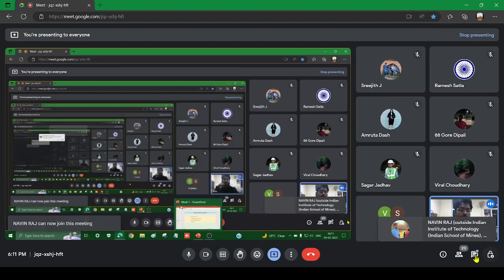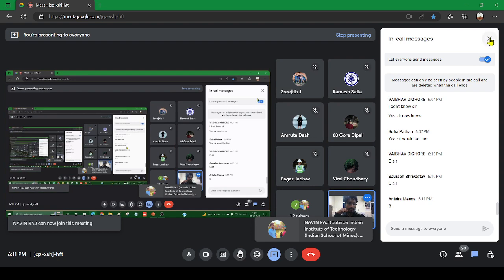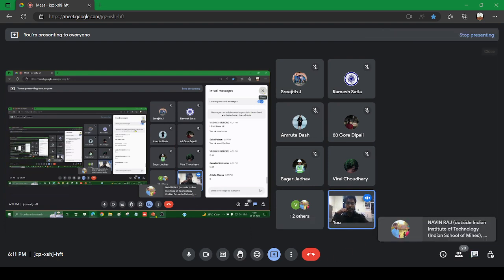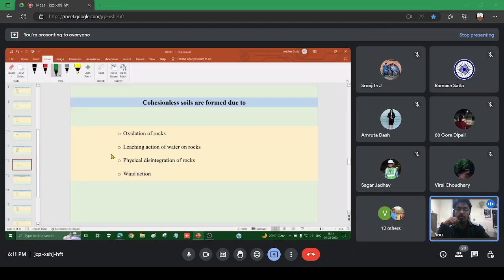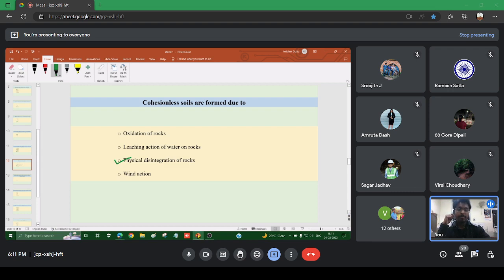Who was saying the correct option is B? Yes, cohesionless soils are formed due to physical disintegration of rocks. That is correct. Oxidation is a chemical process which will generally tend to form cohesive soils.